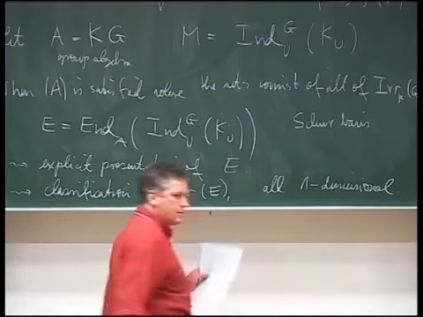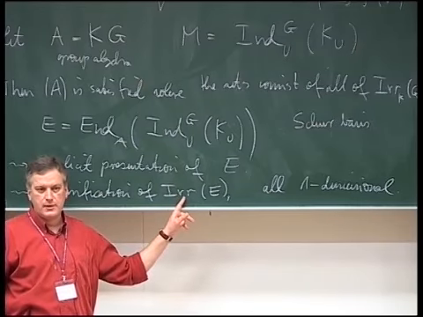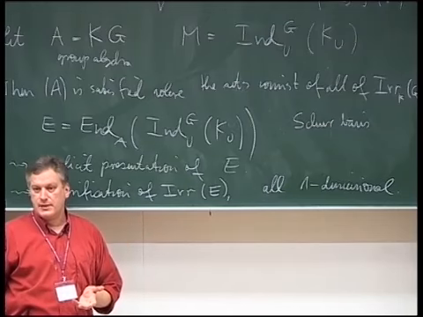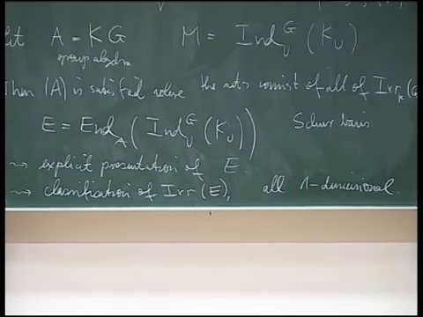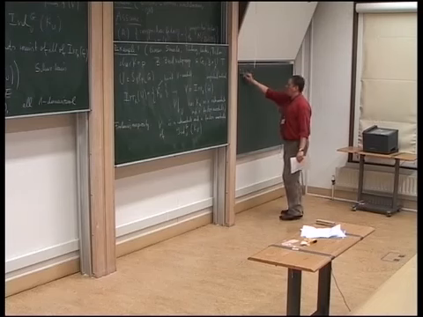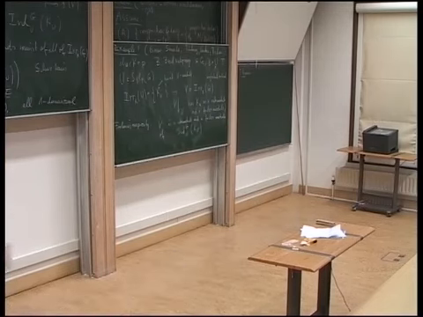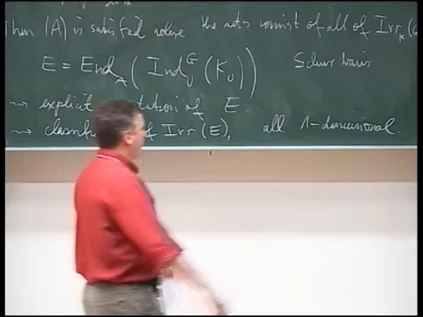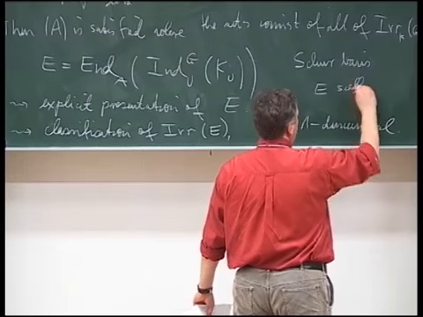In this case, all the irreducible representations of this endomorphism ring are one-dimensional, and there's a nice way of indexing them. Since you can describe this structure quite explicitly, you can also check that E is self-injective.